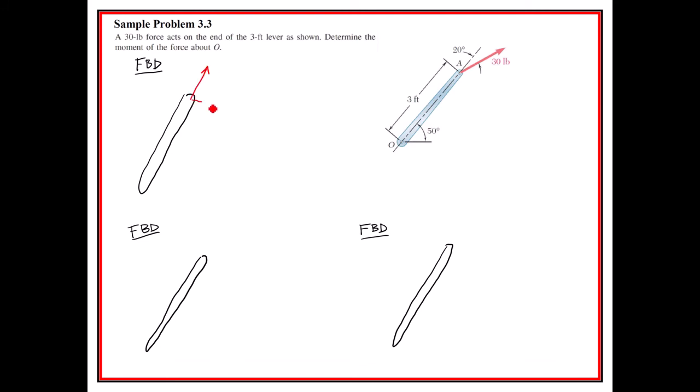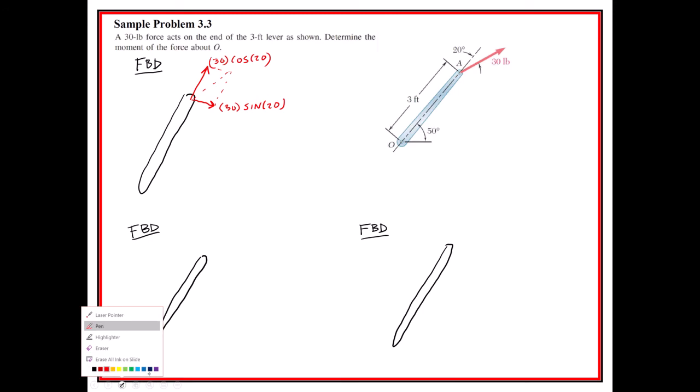My first way, my preferred way, is to break this into forces that align right here. So what I ended up doing was this is 30 times the sine of 20. And this is going to be 30 times the cosine of 20.